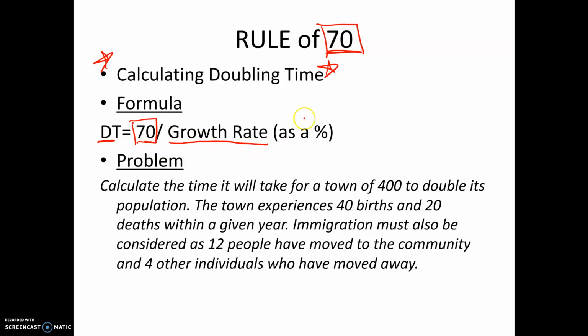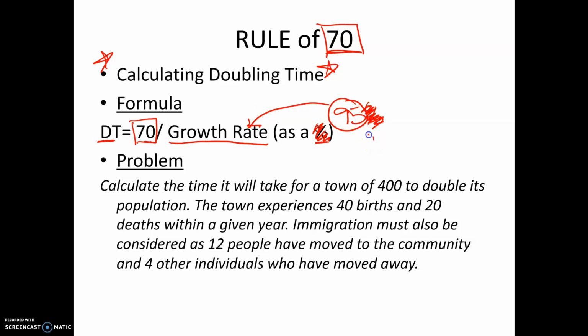So this is where we actually use our percent, and we just take the percent and forget that sign. So for instance, if we take our 95% growth rate, and we want to figure out how much time it is going to take for that population to double, then we put in the 95 right here as our growth rate.